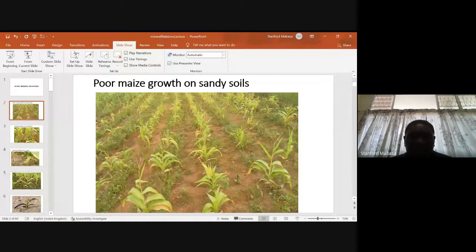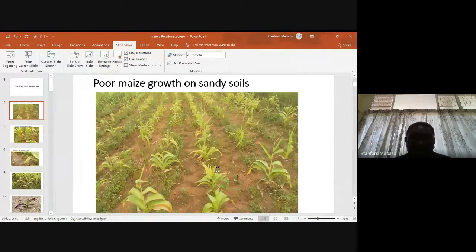Here I'm showing a slide of maize. This maize is already tasseling, but it's very short. It has got a poor growth. It's under sandy soils.